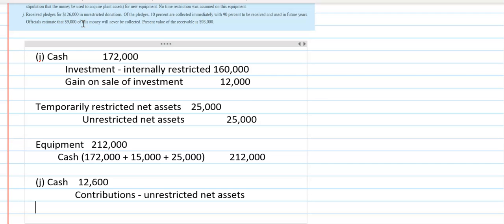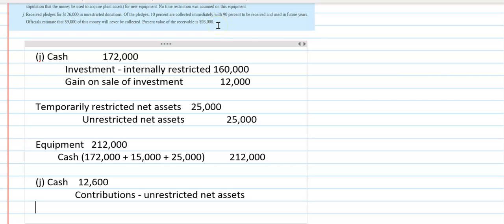Now, remember here, should we take 90% of this entire amount, which is 126,000? No, because we are not able to collect it this year. It may take several years. So we will record it as per the present value. And the problem already mentioned that the present value is 98,000.